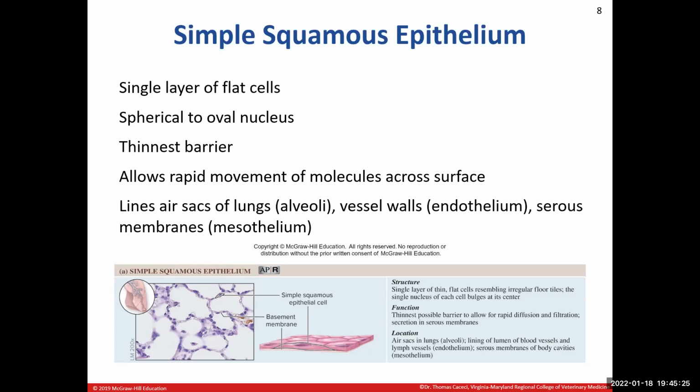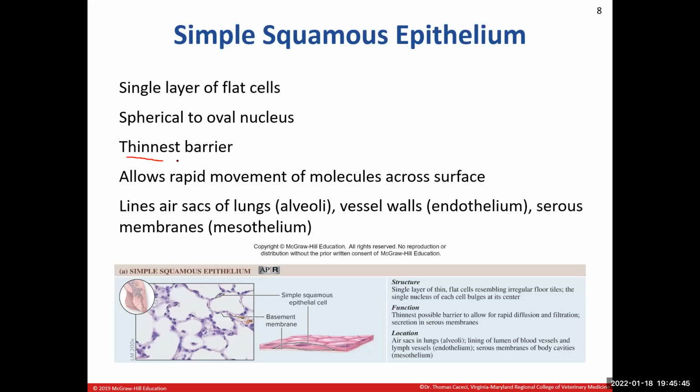So let's start off with the first type of simple epithelium, and that's simple squamous epithelium. So this is literally 1 single layer of cells that are flat. So it is the thinnest possible barrier that you can have, all right, in our tissues here.